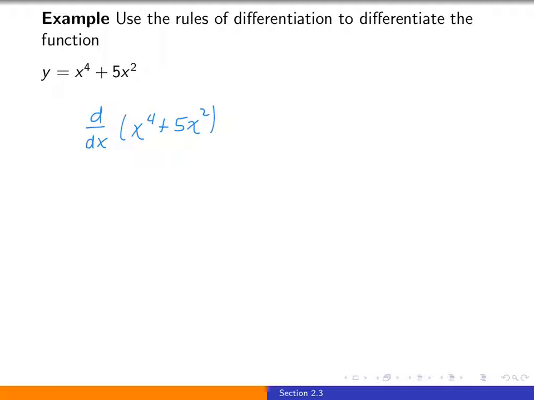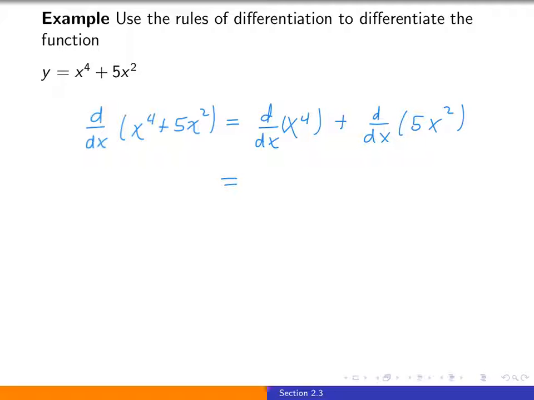So the first observation is that it's a derivative of a sum, so we can break this up as a sum of derivatives. That is, we can take the derivative of the first plus the derivative of the second. With the first term, we can apply the power rule to it directly.